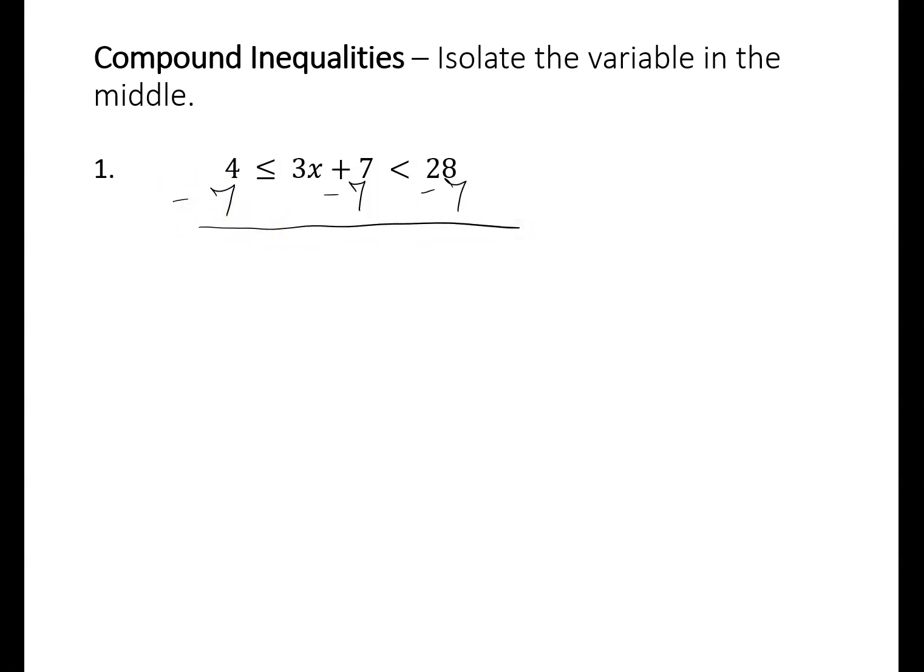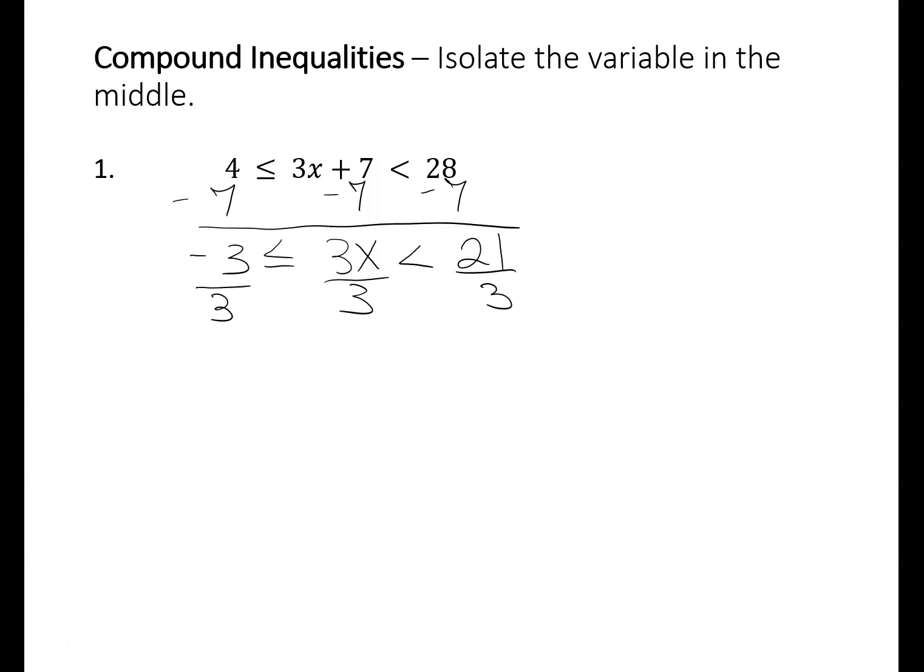Whatever operation you do, you're going to do on the left, in the middle, and on the right. So now on the left, I have negative 3. I'm going to keep my symbol, 3x in the middle, and 21 on the right. To get the x all by itself, we divide by 3, again on the left and the right.